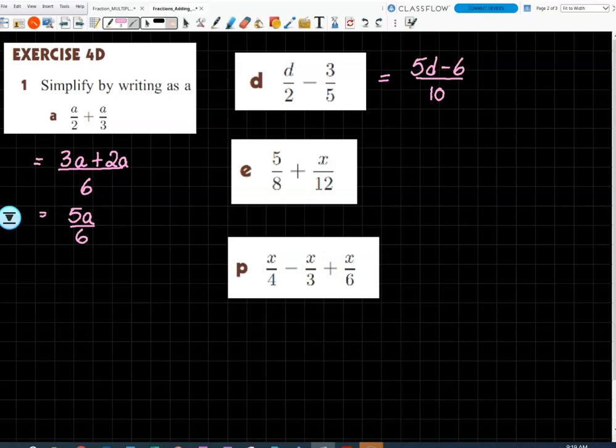No, I cannot, because there's this minus up here. I'm not allowed to go, oh, 2 goes into 6 and 10. Can't do that, right? Trick question. If there was a times here, absolutely I could. But because there's that take and there's no common factor, cannot cancel. That's as low as it goes.